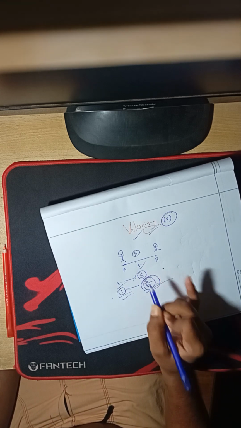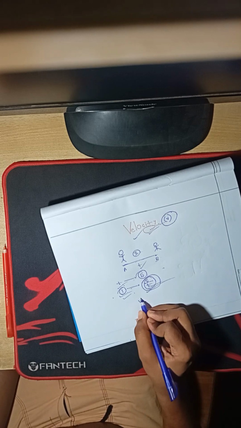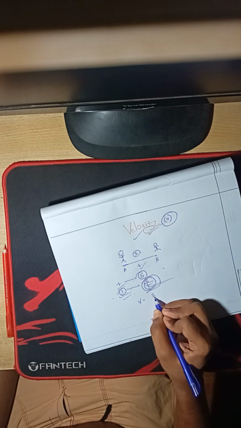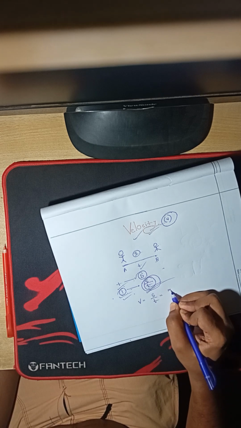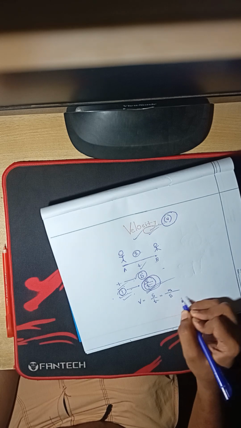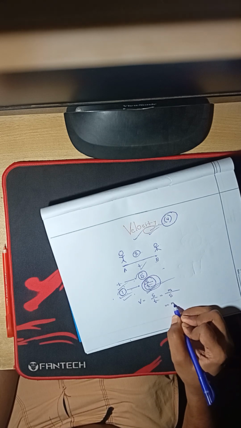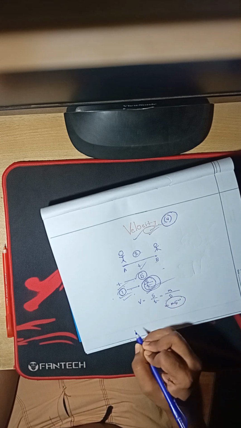So the term velocity, v, is equal to s divided by t, and the unit of velocity will be the unit of distance, meter, divided by the unit of time, which is second. So the total thing will be meter per second. It is the SI unit of velocity.